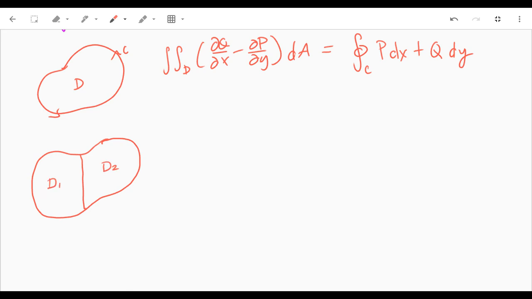Furthermore, we still have the positive orientation here. If D1 has that counterclockwise orientation, then when we get to this border, we'd be going up, and for D2, we'd be going down.